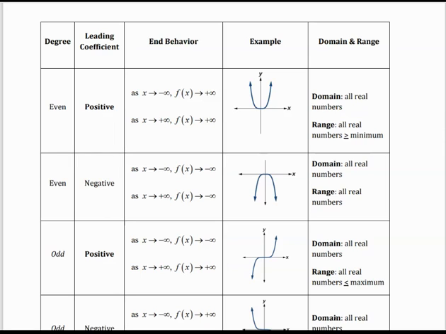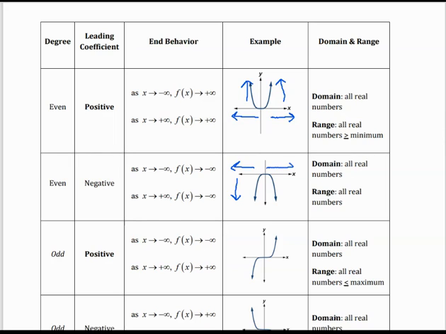The way we write that is saying that as x goes to negative infinity, as I go to the left, it's telling me my y value, or f of x, is actually going up to positive infinity. And then as the x values go towards positive infinity to the right, also the y values are going up. Whereas in the second one, as the x values went to the left to negative infinity, the y values went down to negative infinity.